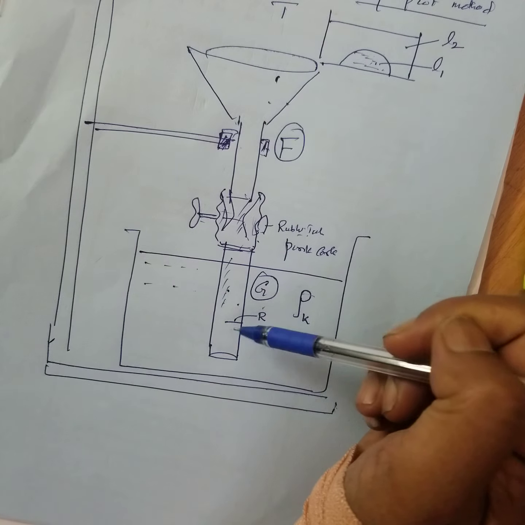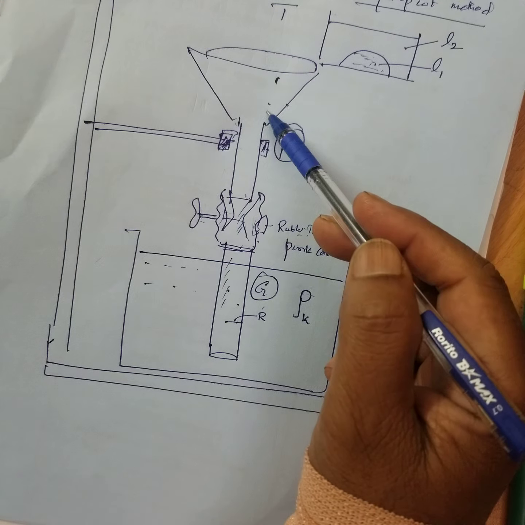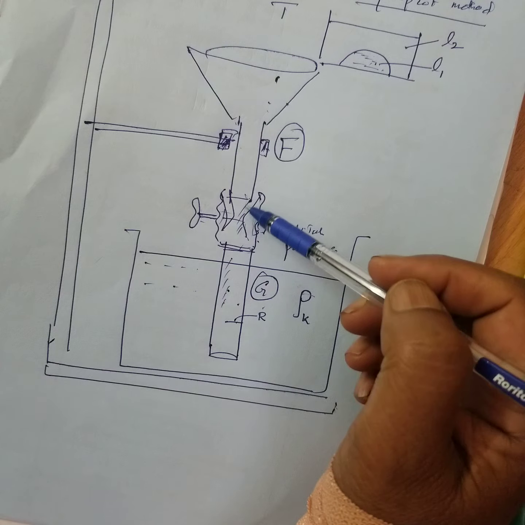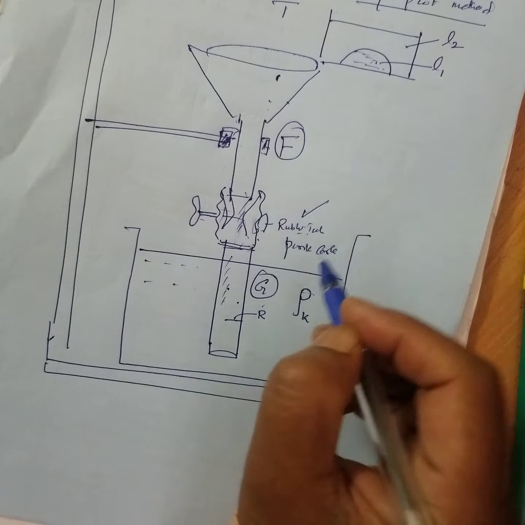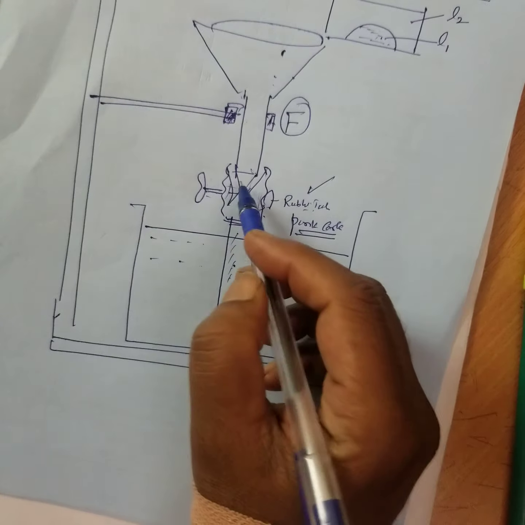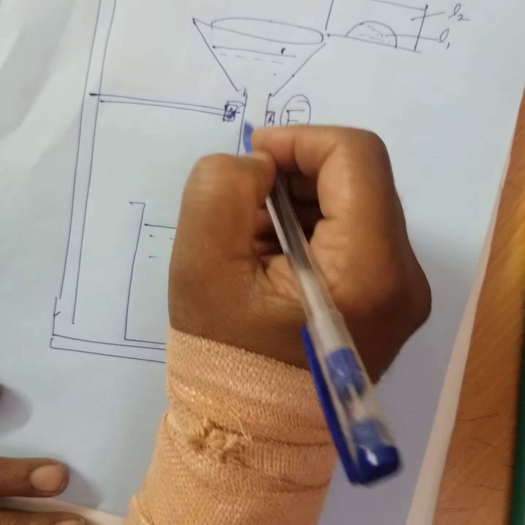Now consider a glass tube connected to a funnel by means of a short rubber tube provided with a pinch cork. What is the use of this pinch cork? Suppose you pour water here, water will flow.